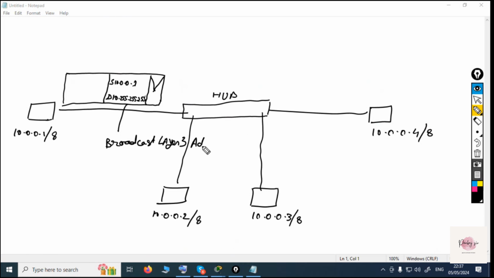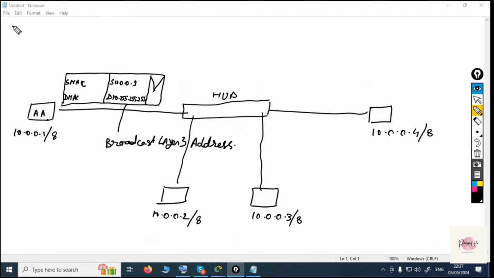We have already discussed that we supply the destination IP address, but we do not supply the destination MAC address, nor the source MAC. Let the MAC address of this PC be AA. We supply only the destination IP address.